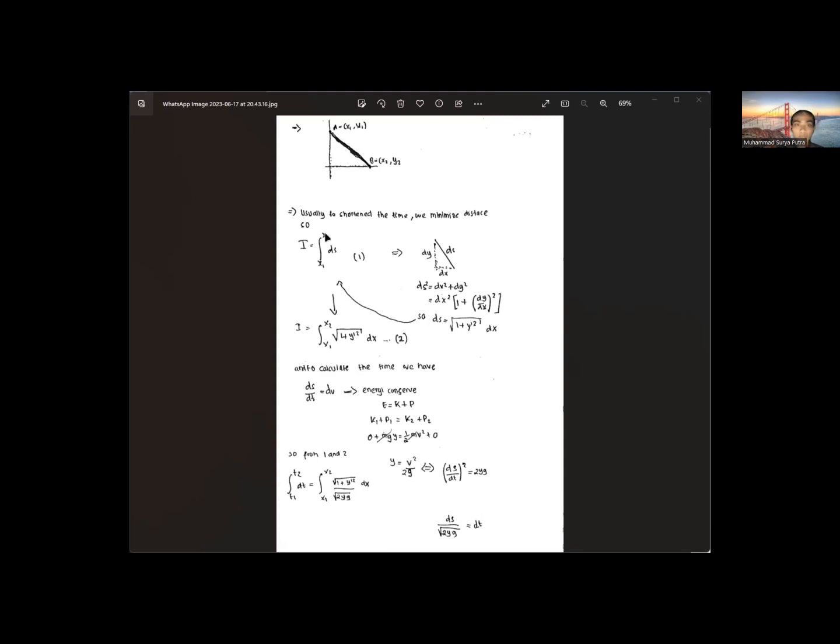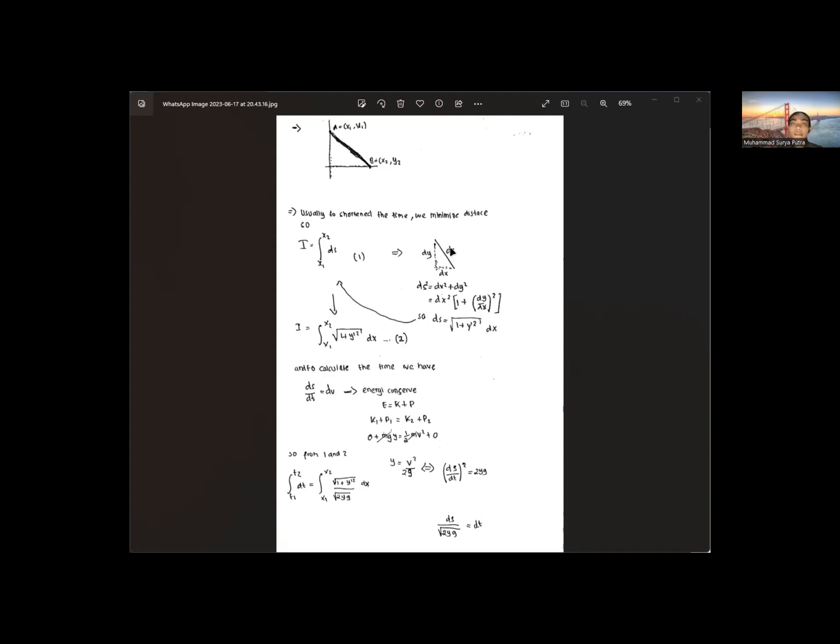To find the function, in order to get the length of the curve, we need to differentiate ds first.